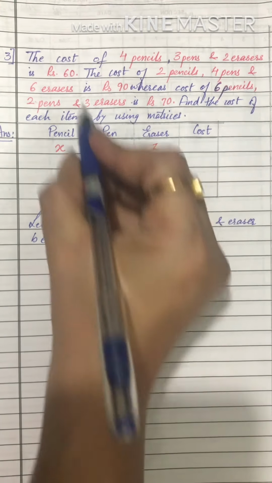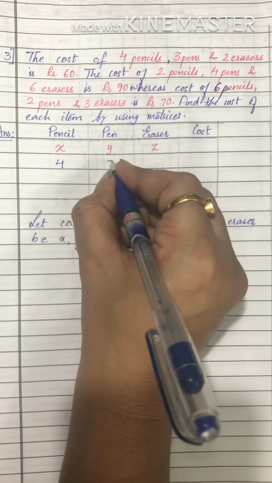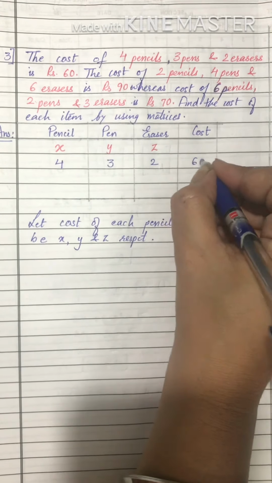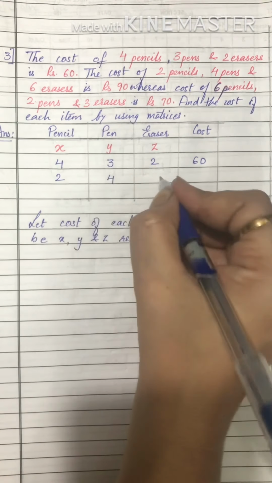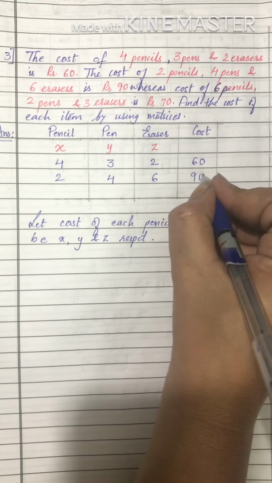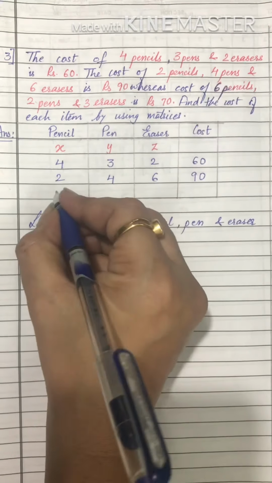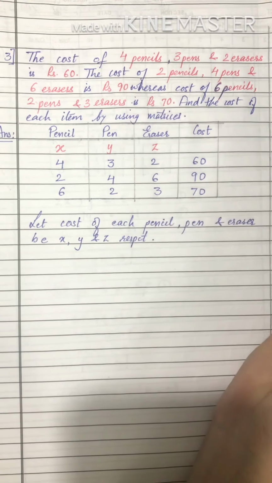Now let us write down from the first statement: 4 pencils, 3 pens and 2 erasers cost rupees 60. Cost of 2 pencils, 4 pens and 6 erasers is rupees 90. And then 6 pencils, 2 pens and 3 erasers cost rupees 70.